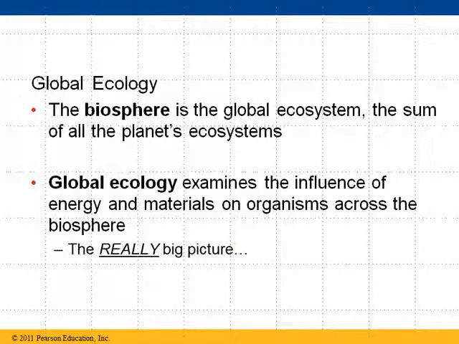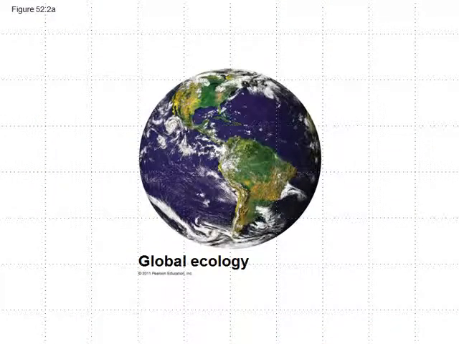That is as big picture as you're going to get, and we call that the biosphere. It's the sum of all of the planet's ecosystems, and global ecology examines how all of these various parts work together and affect each other across the entire planet. So if you want to look at the entire Earth, you're studying the biosphere and learning about global ecology.